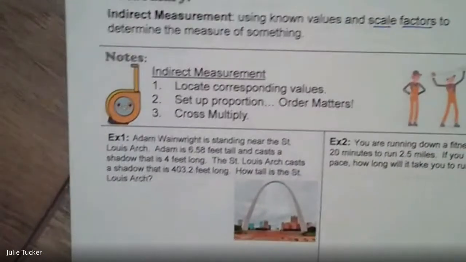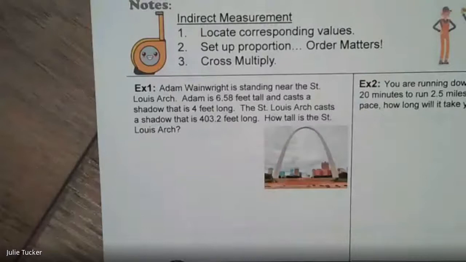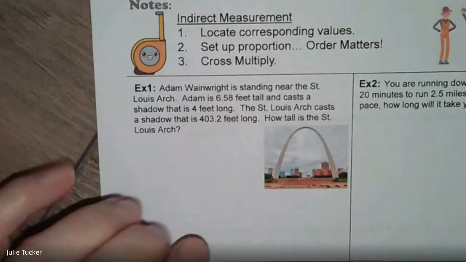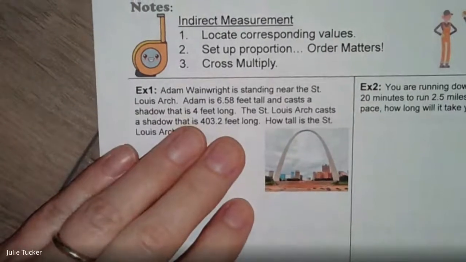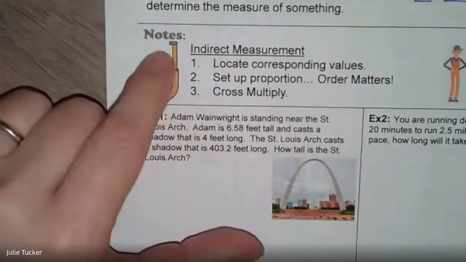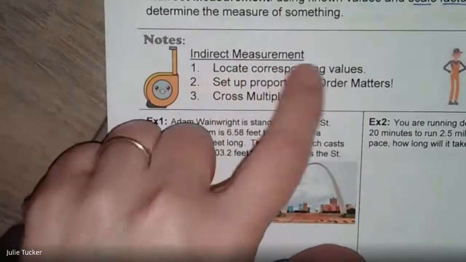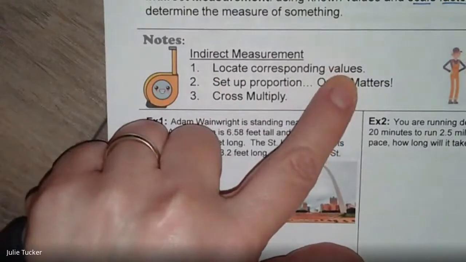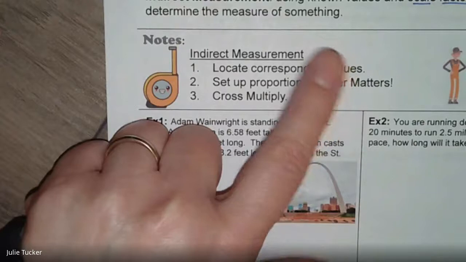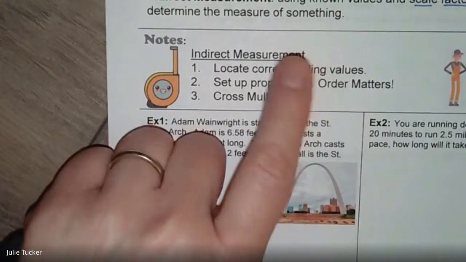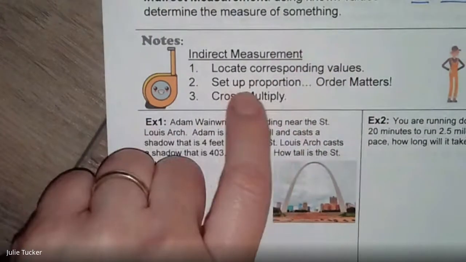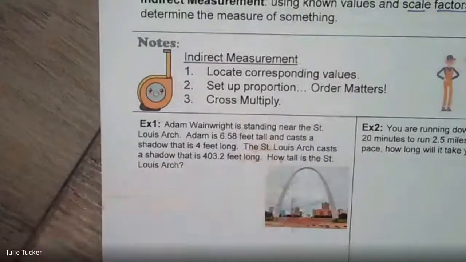Now, some of these problems are a little bit simplified, but I think you can still see the real world connection in them. If you look right above this word problem, you see where it says 1, 2, 3, locate corresponding values. That's basically setting up a fraction using side lengths that match each other, and then keeping them in the right order and doing your cross multiplying.